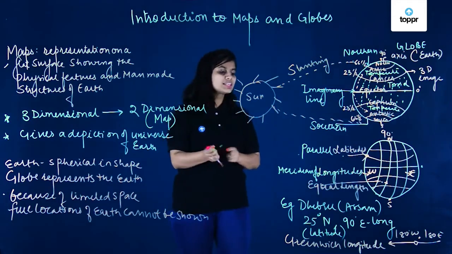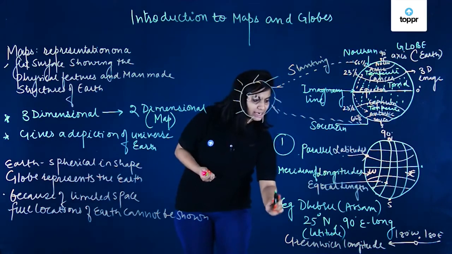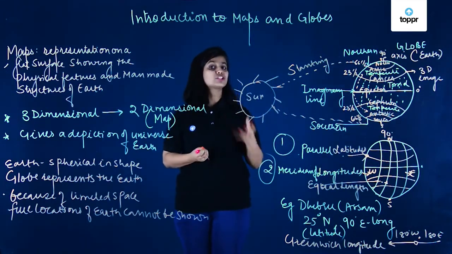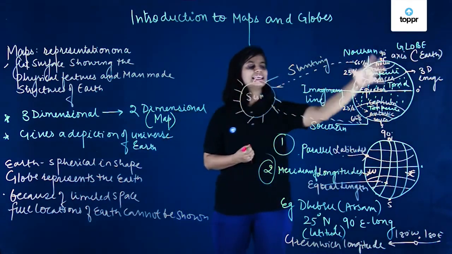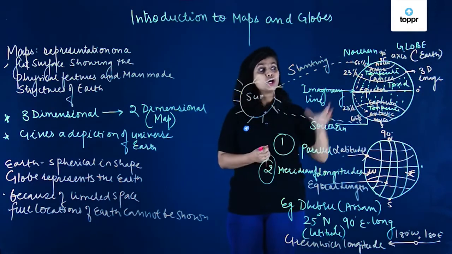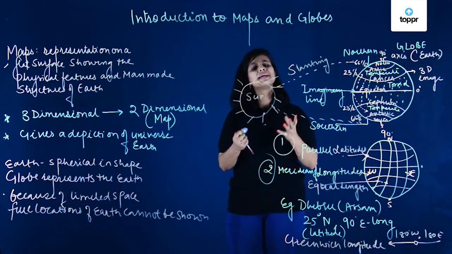Right, student? So we have studied the parallel latitudes, and we have also studied the meridian longitudes. All these features, where are we seeing them? We are seeing them on a map, as well as on the globe. The globe, you can say, is the actual representation of the Earth to a major extent.